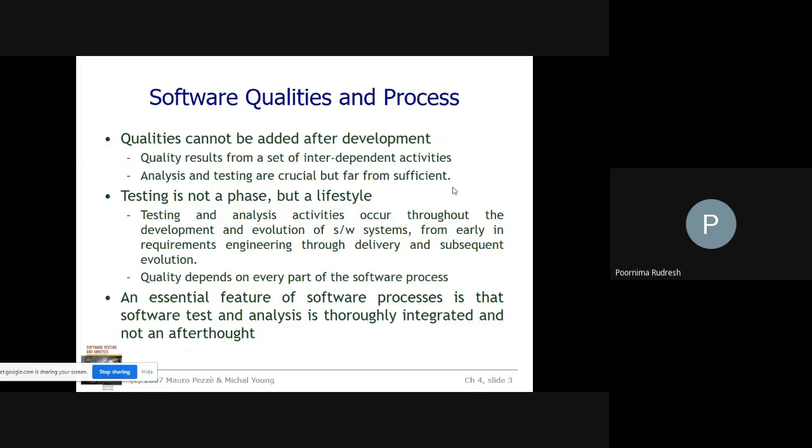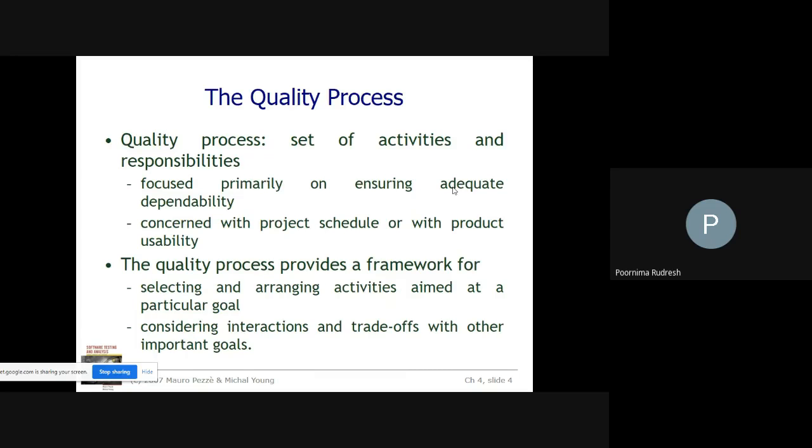Through that, we can achieve the dependability. And the quality process is primarily focusing on ensuring the adequate dependability.